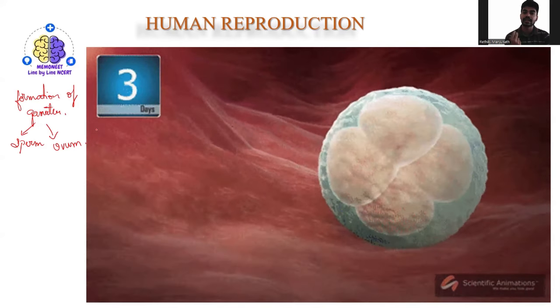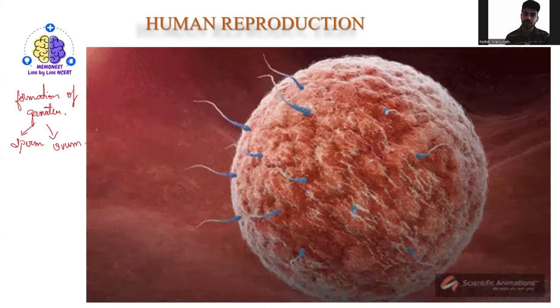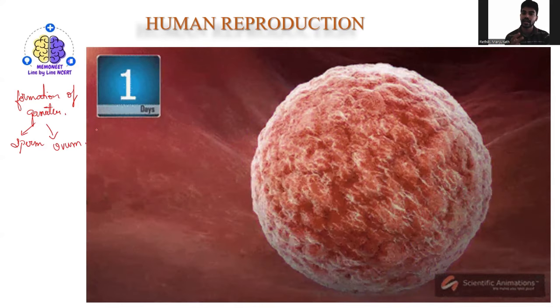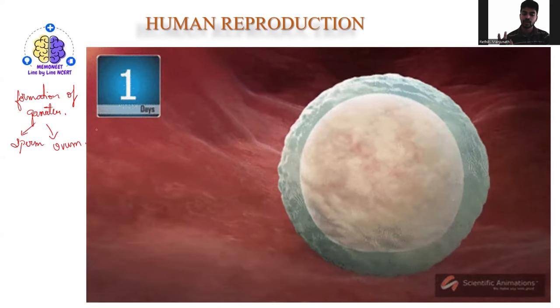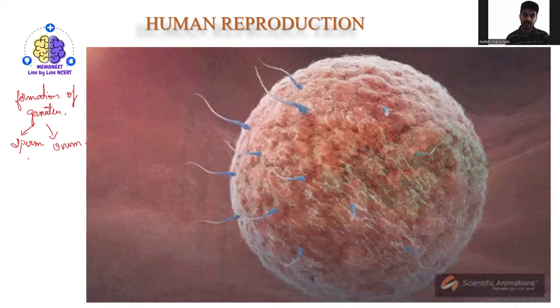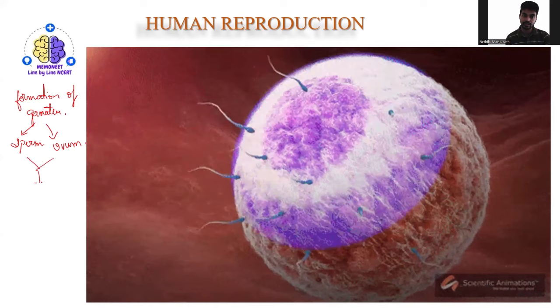Then what happens? There is a transfer of this sperm to the female vaginal tract, and there it fuses with the ovum, and later on fertilization happens.